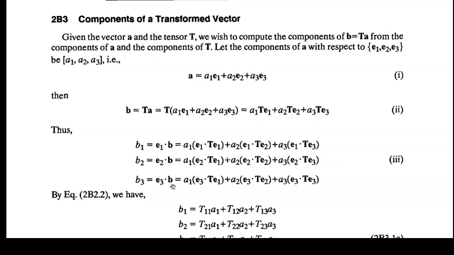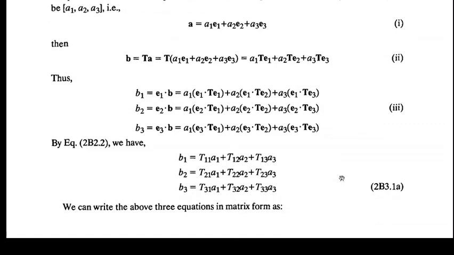Similarly, we will write B3, and your B3 will be in this form: A1 into E3 dot TE1 plus A2 into E3 dot TE2 plus A3 into E3 dot TE3.